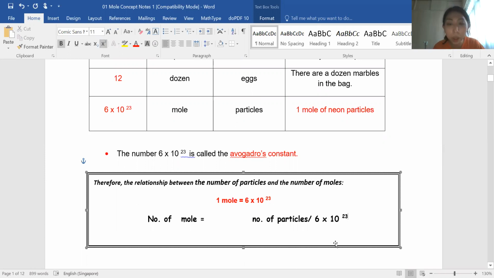Or we can manipulate this equation around. The number of particles is simply the number of moles times the Avogadro constant.